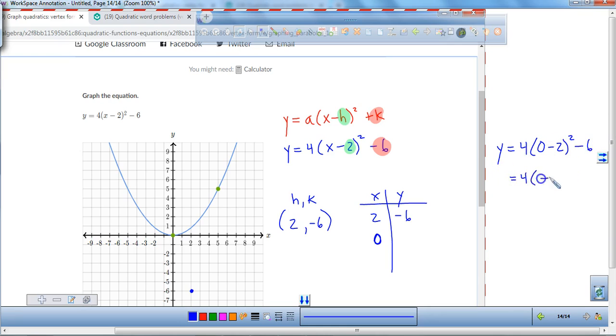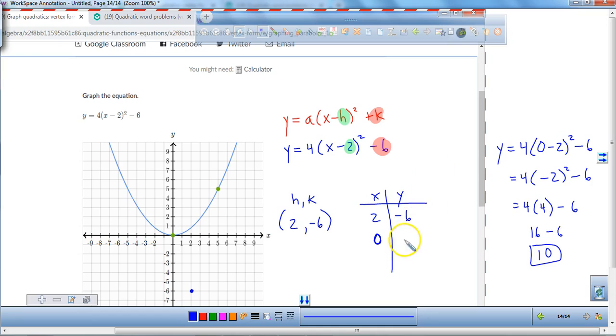Zero minus 2 is negative 2. Negative 2 times negative 2 is 4. 4 times 4 is 16. 16 minus 6 is 10.